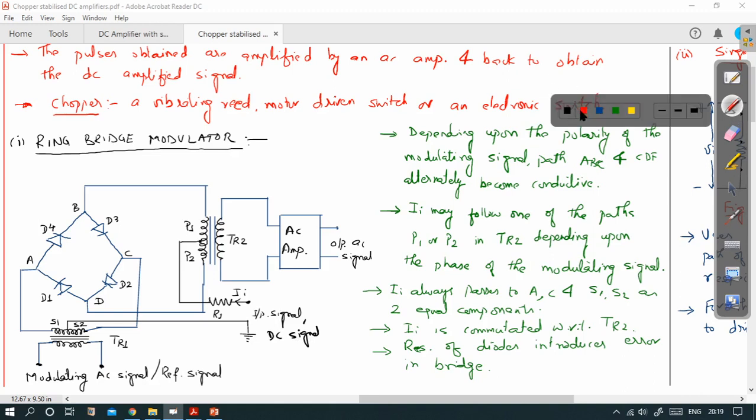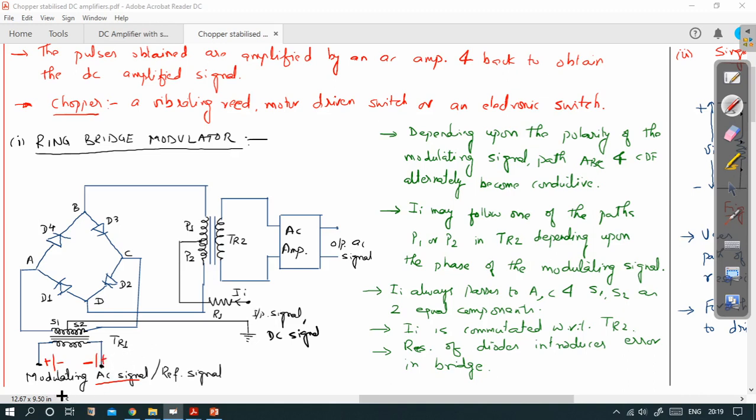There would be one modulating AC signal, also called a reference signal. If it is an AC signal, it will change its polarity. Sometimes this will be positive and this negative, and at other times this will be negative and this positive, and it will continue like this.